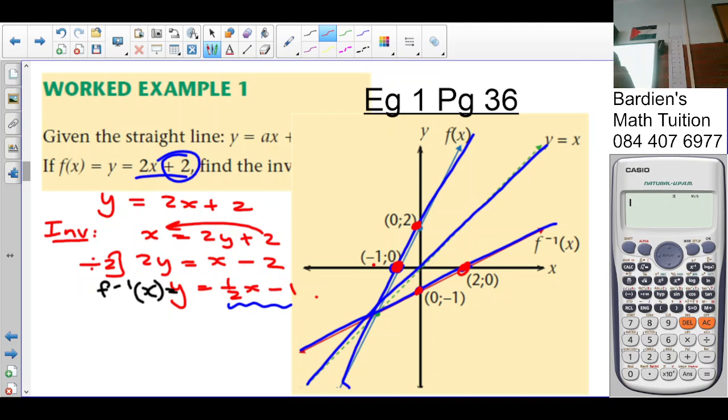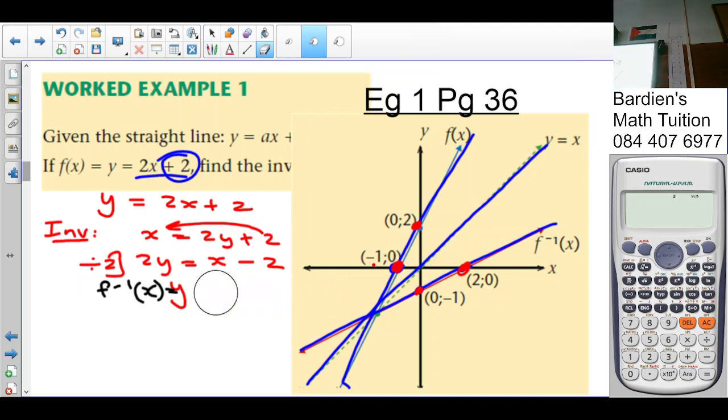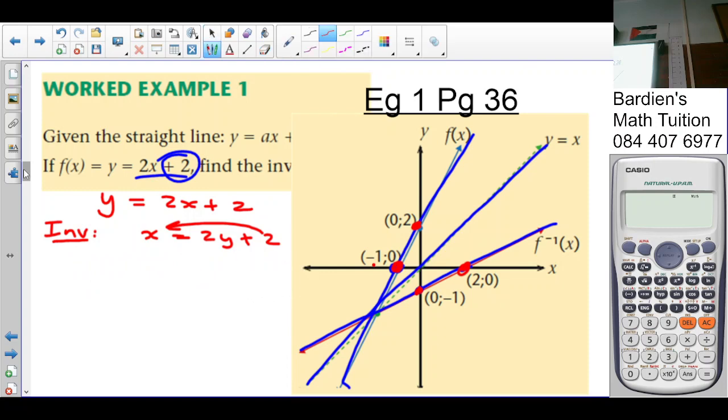Yes. The half. Okay, just take a step back here. So you took the 2 over, not so. So you got 2y is equal to x minus 2. What do you have in your first line here? But you want y as the subject of the formula. We never have 2y in front, so we divide by 2. So you got y is equal to x minus 2 over 2.